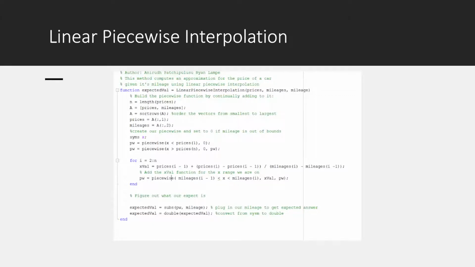In our for loop, for each section of our piecewise function, we're actually building that and adding it in. Then we can use subs, the third to last line there, to plug in our mileage as a variable assignment into that equation, then return the expected result.